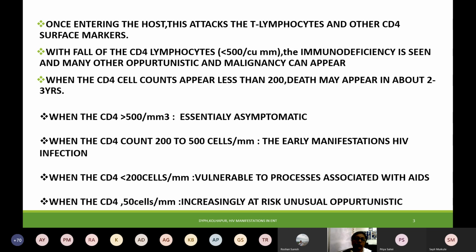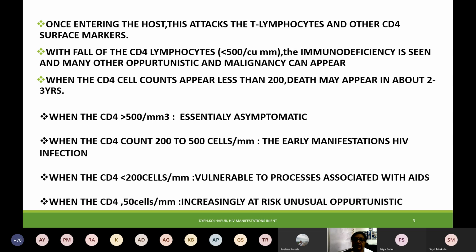When the CD4 count is less than 200, death may appear in about 2 to 3 days. When the CD4 count is less than 500 cells per cubic millimeter, it is essentially symptomatic. If it is between 200 and 500, early manifestations of HIV are seen.